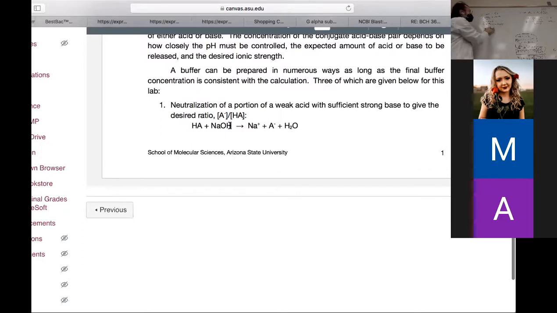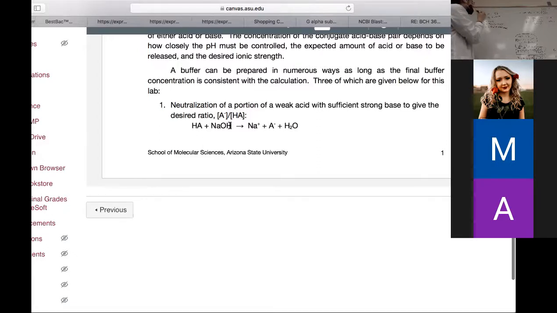If you know concentration and volume, you can calculate n, which equals concentration times volume, which gives you 0.005 mole. Can everybody follow this?